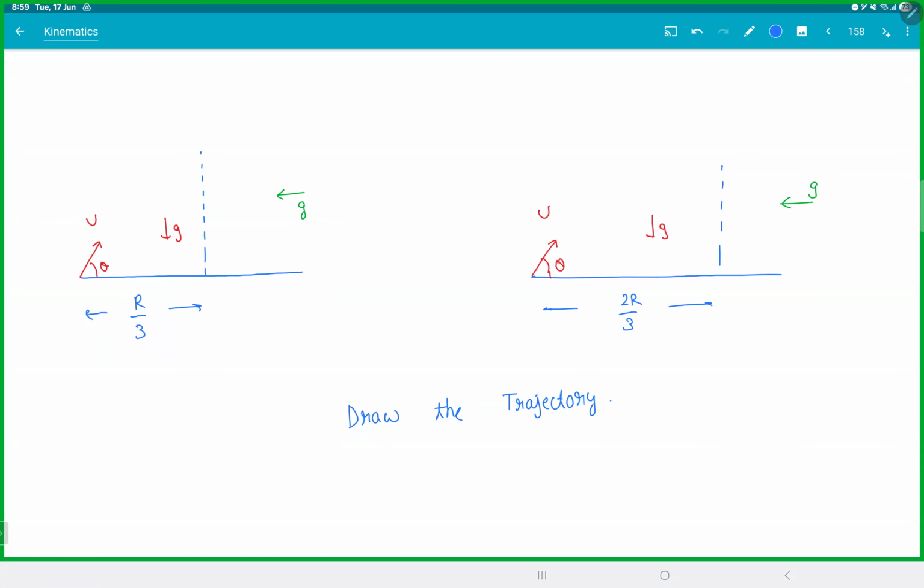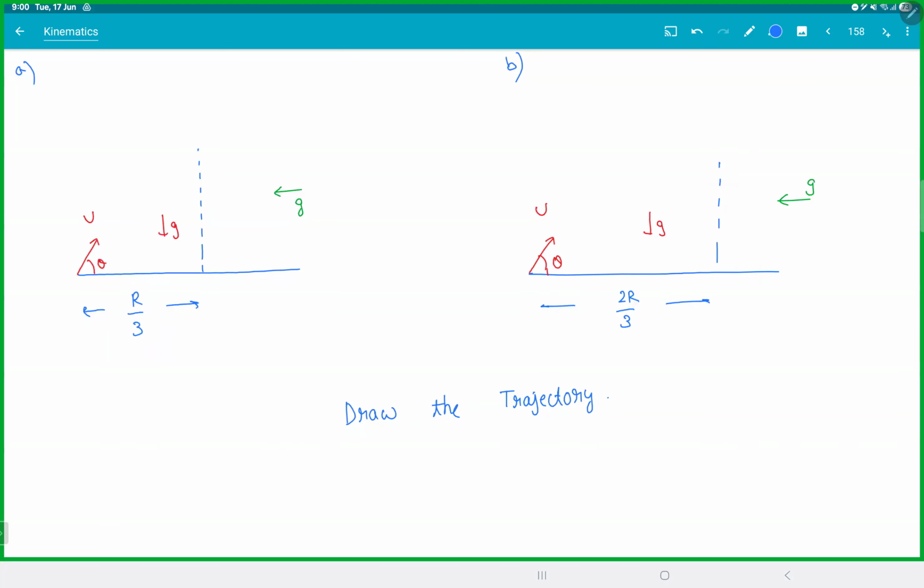The first case r by 3 matlab you still didn't reach h max. So look at the first one.